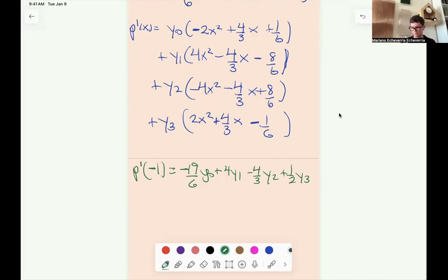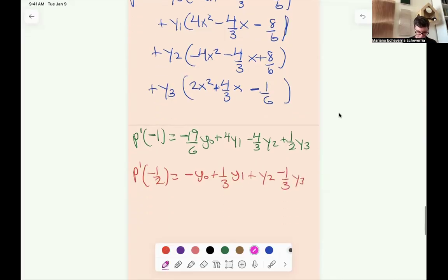And then you do the same for -1/2, 1/2 and 1. At -1/2, it would be negative y0 plus 1/3 of y1 plus y2 minus 1/3 of y3. For 1/2, you get 1/3 of y0 minus y1 minus 1/3 of y2 plus y3.